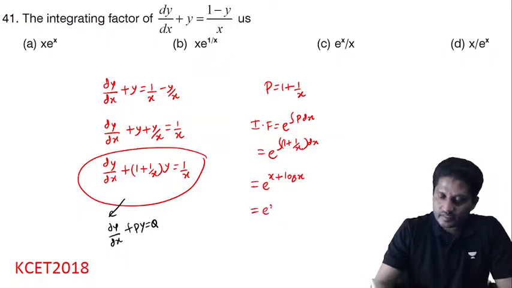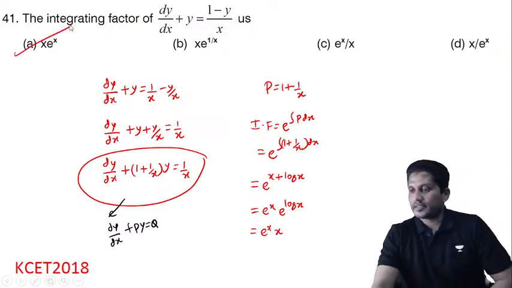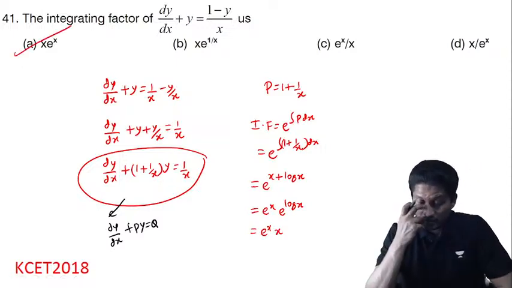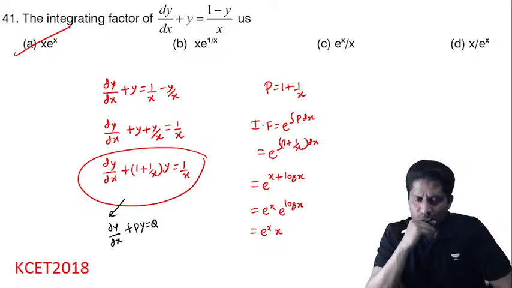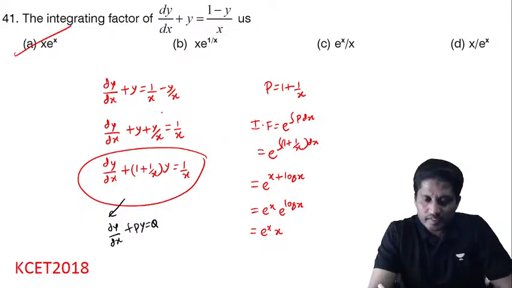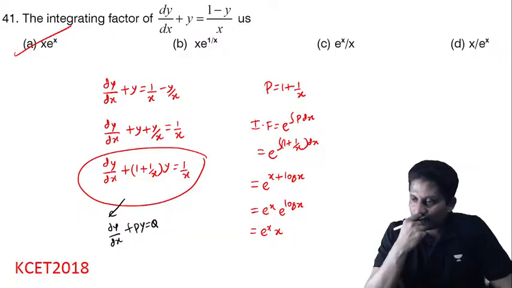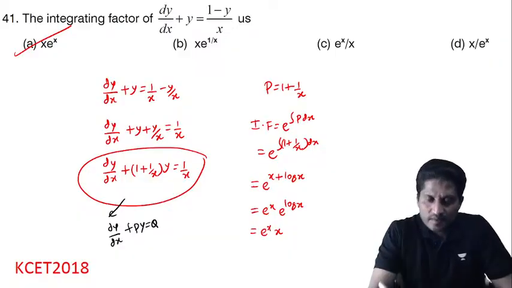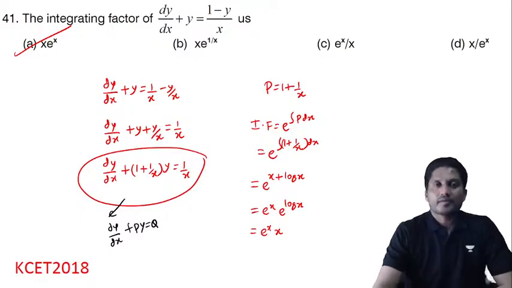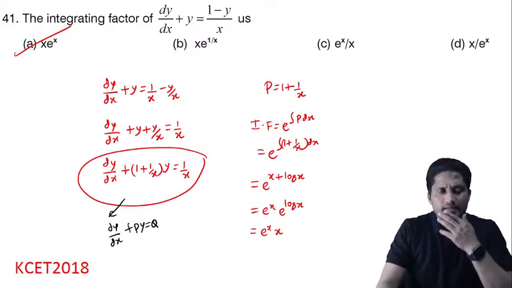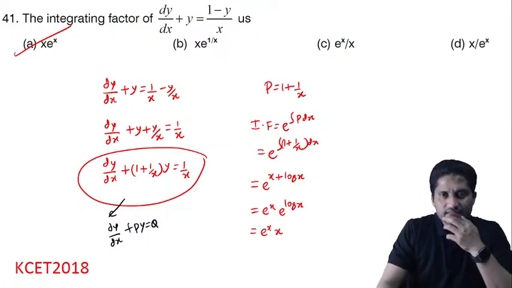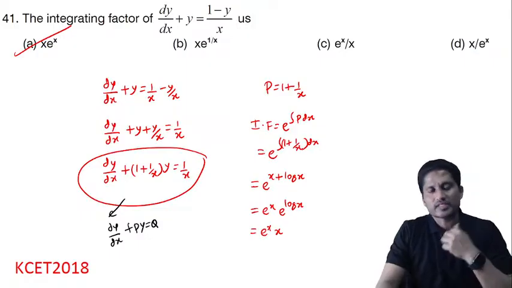This is e power x into e power log x, and e power log x is x only. Answer is option A. Let's move to the next question.